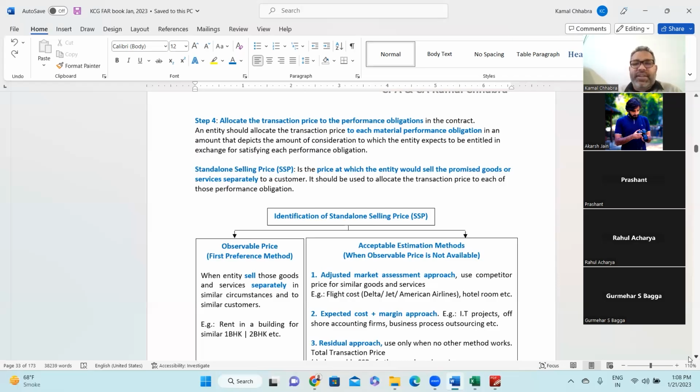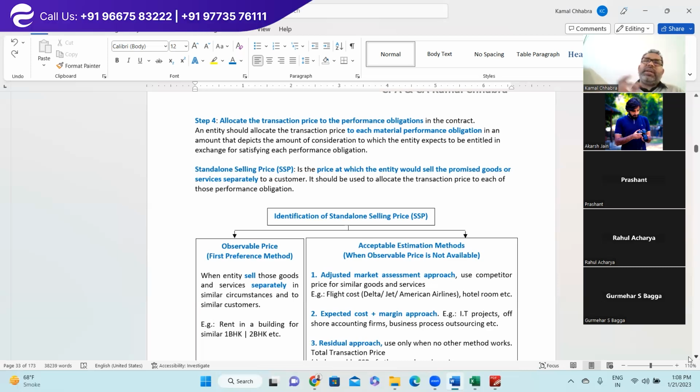So first thing is stand-alone selling price. Stand-alone selling price is the independent selling price. Like in our example, we discussed $100,000 for the car, $10,000 for the extended warranty, $5,000 for the insurance. Those independent prices for the independent products and services are called stand-alone selling price.